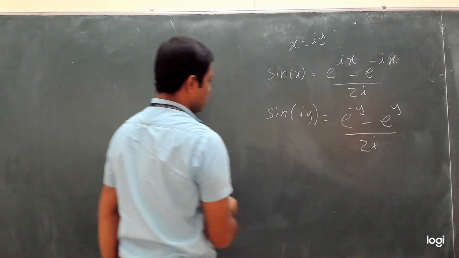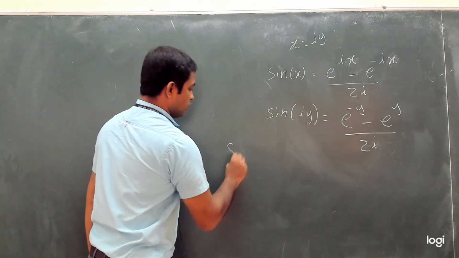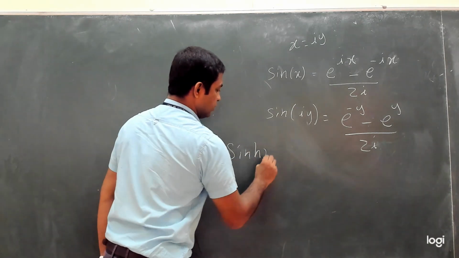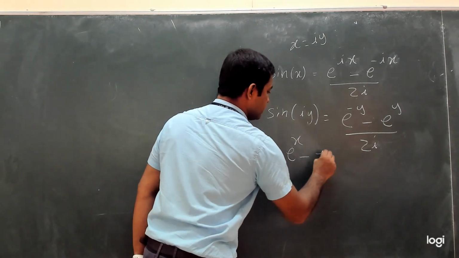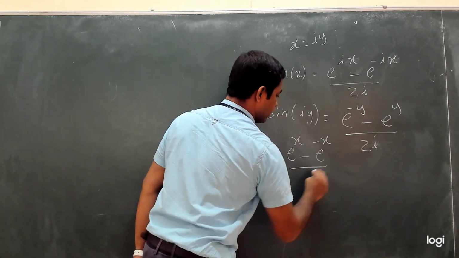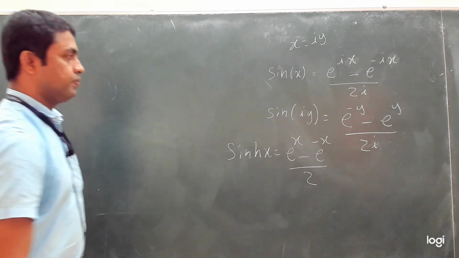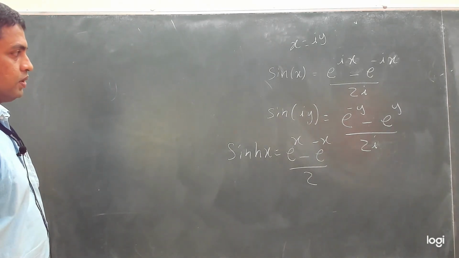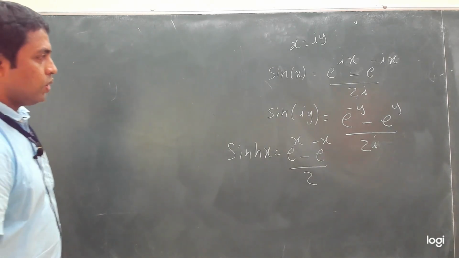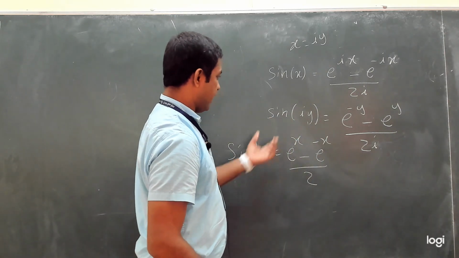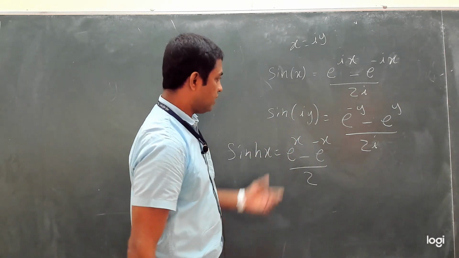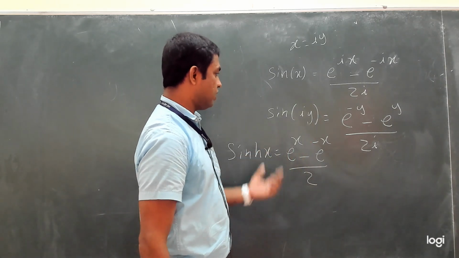Now I will write down the sine hyperbolic as sinh x equal to e power x minus e power minus x divided by 2. Now you can see the relation between sin ix and sinh x. What is the relation?